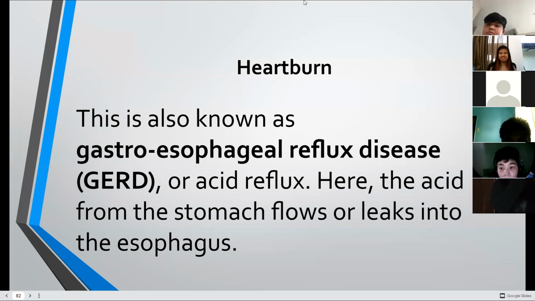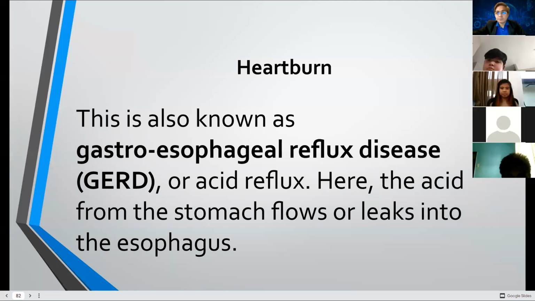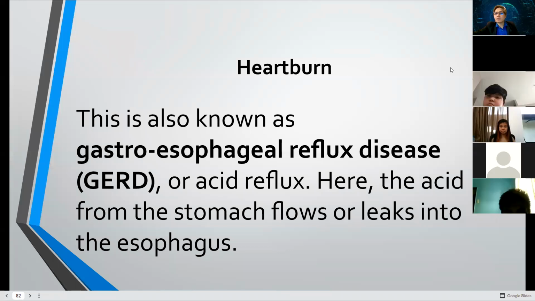These diseases usually occur because there are some abnormalities happening in your digestive system. The cause could be internal, from an external source, or your oncogenes, or your cancer cells. We all have cancer cells.